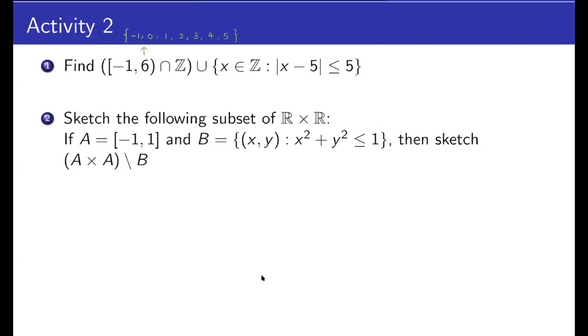What about this set? If you list the elements out, what is this going to give you? Z means integers.